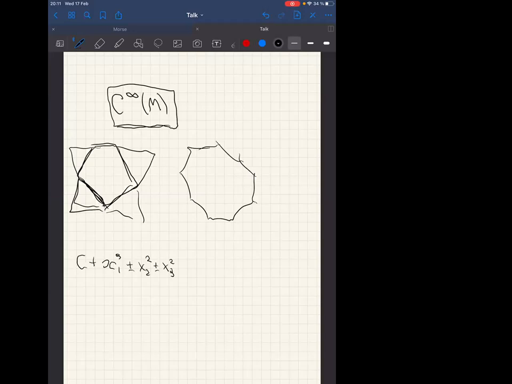So I claim that there are chambers with infinitely many walls. I don't even understand how to draw them correctly. Impossible.